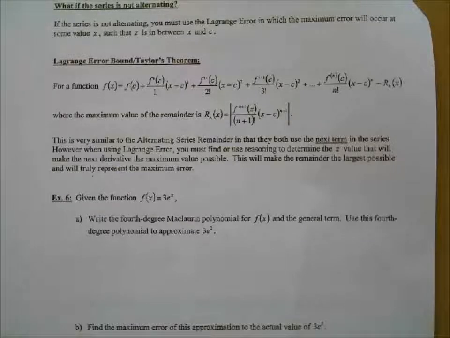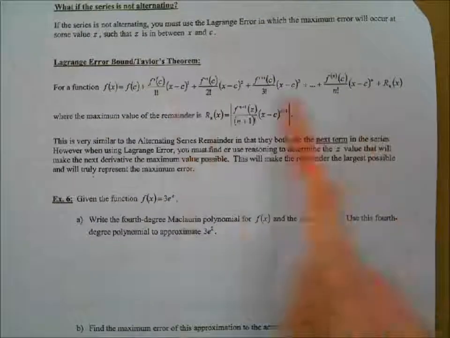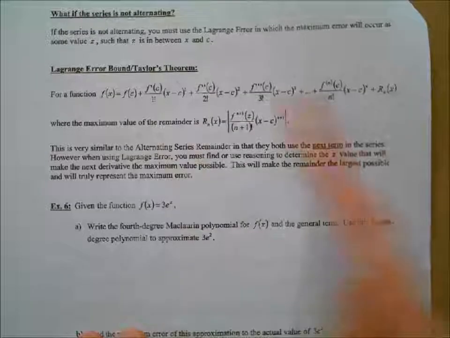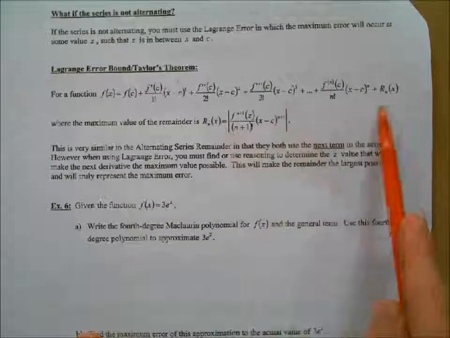We're just going to go through what the actual formula is. So, the Lagrange error bound, or Taylor's theorem. We're going to find, again, the error for a Taylor polynomial. You can see here's our Taylor polynomial, and we know that this finite Taylor polynomial will equal our function plus some remainder.